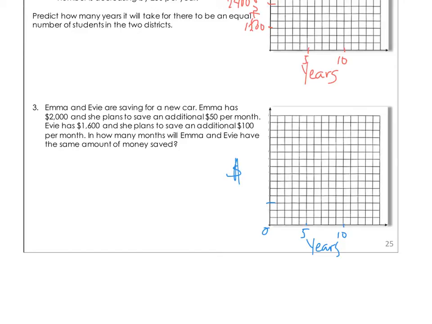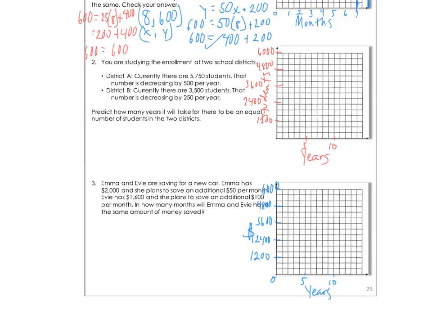I'm sorry, I just lied to you. Okay, 1,200. Every square is 400. So if we're 3 squares up, this is 1,200. And then we go another 3, and now it's 2,400. Perfect. All right, so this is 4,800, and the top of my graph is 6,000.